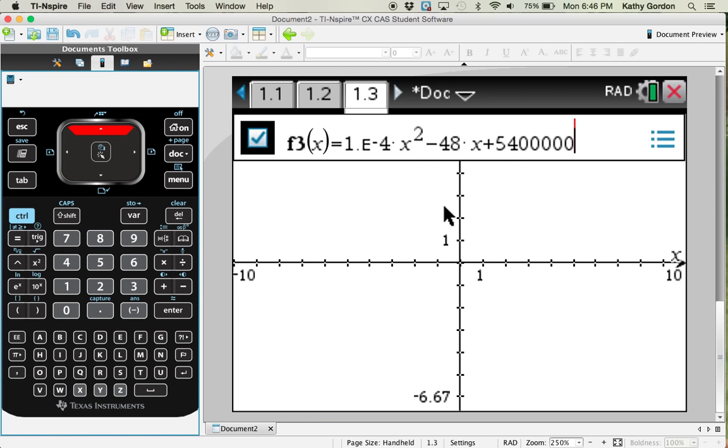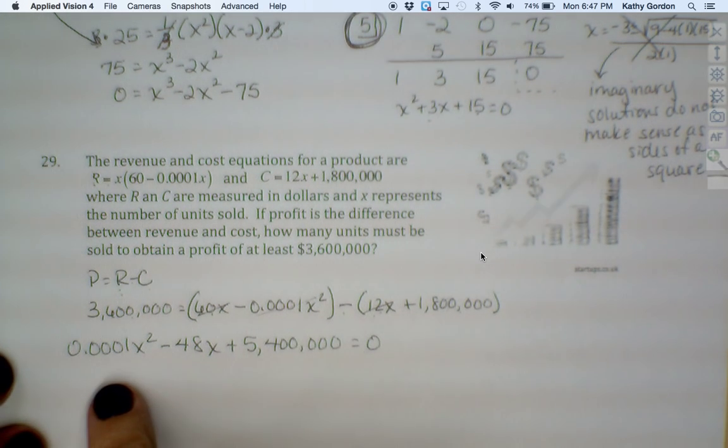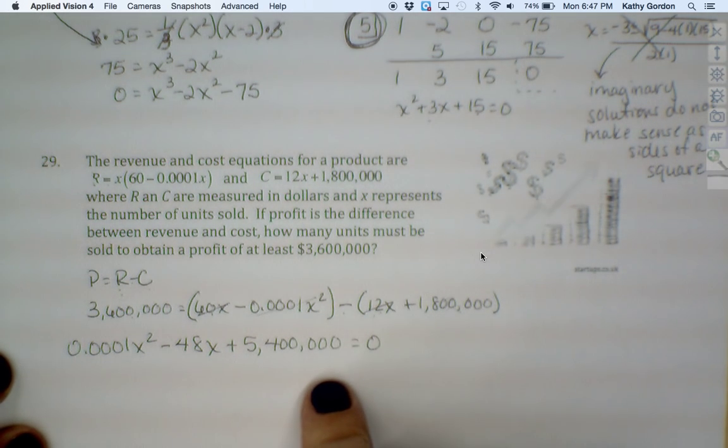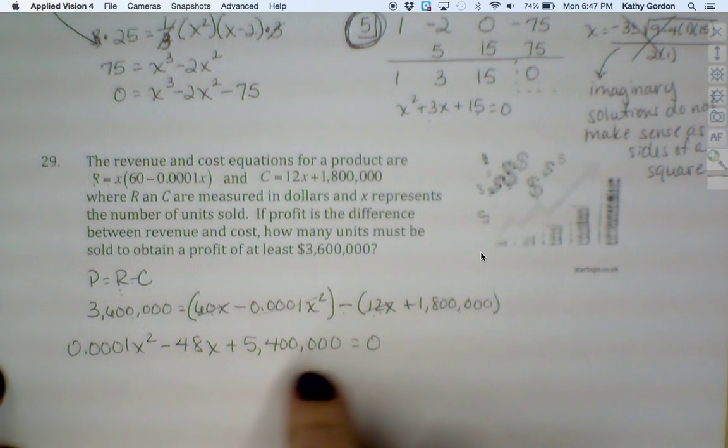If I'm looking for solutions, we've set everything equal to 0, and I'm looking for solutions that are going to make this equation equal to 0. Then that means I'm looking for x-intercepts again.